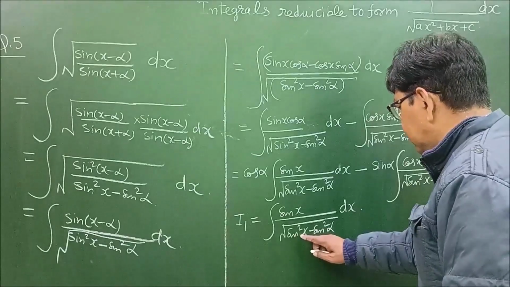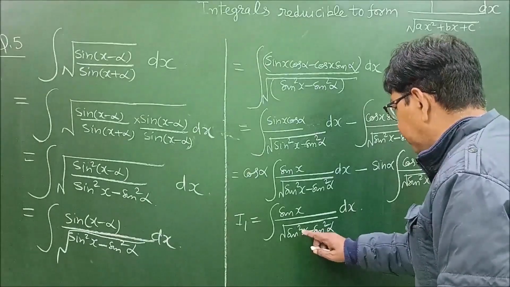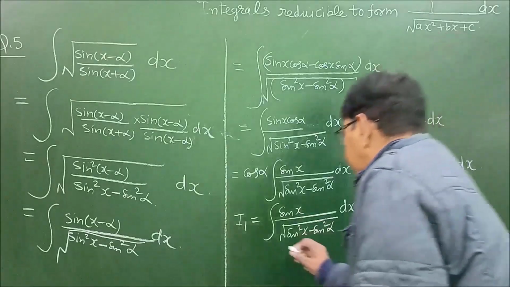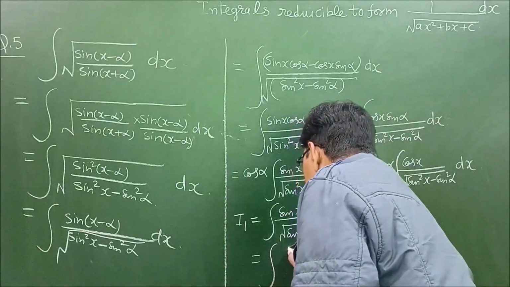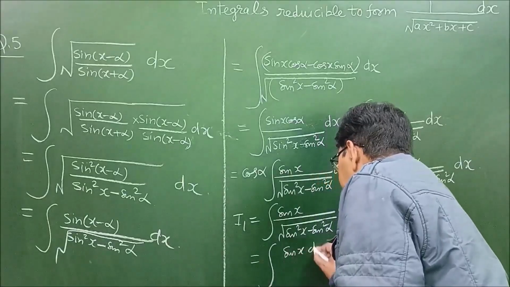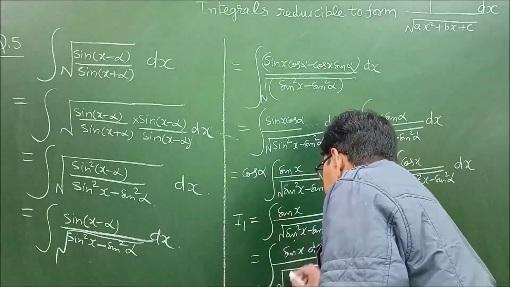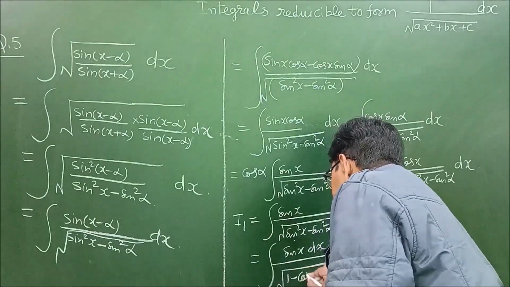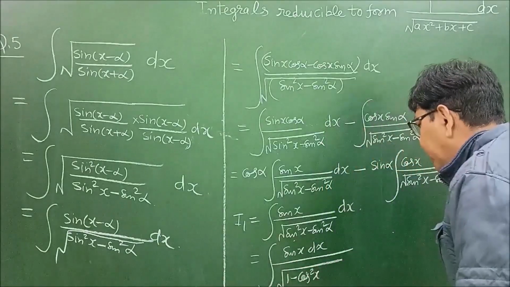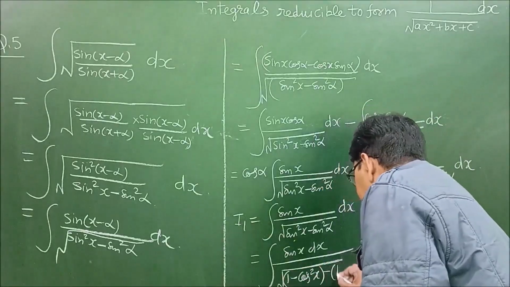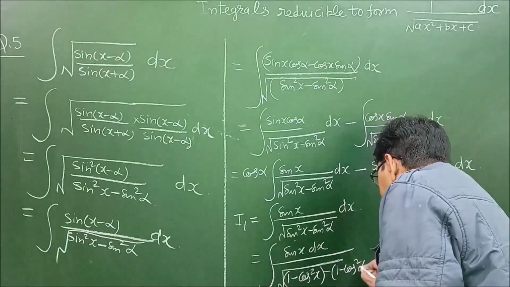Let us convert this integral into the cos form, because the derivative of cos x is sin x here. So we can write this as sin x dx upon under root of, sin square x can be written as 1 minus cos square x, and sin square alpha can be written as 1 minus cos square alpha.